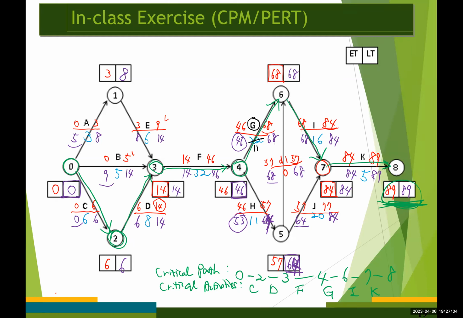From my previous computation, I've got the new critical path: C, D, F, H, and JK.